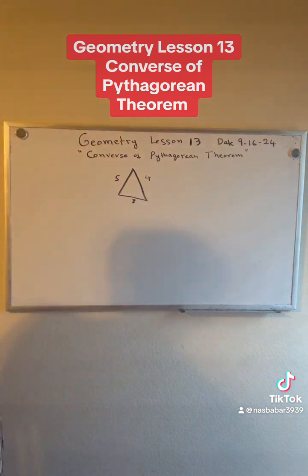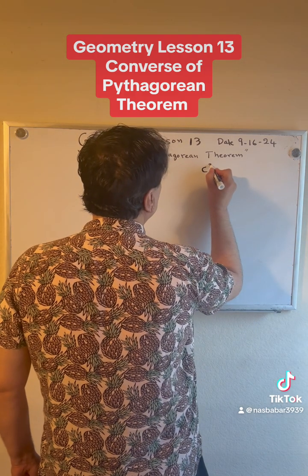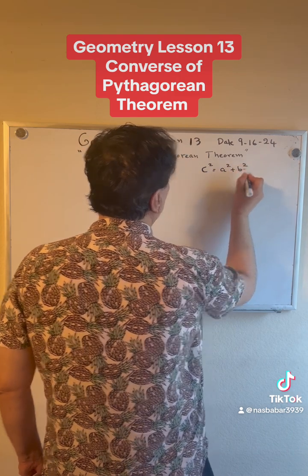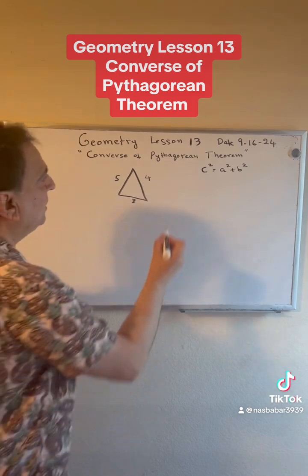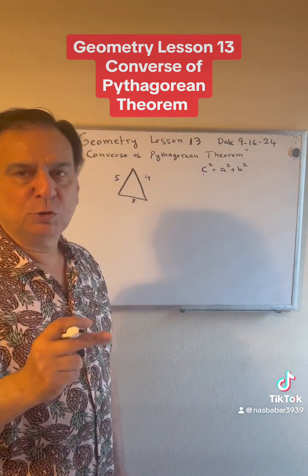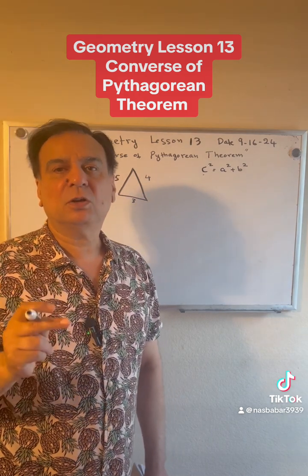Can you tell me if this is a right angle triangle? Well, I just gave you the formula: c square is equal to a square plus b square is the Pythagorean formula, and c is the hypotenuse. And I also just told you that in a right angle triangle, the hypotenuse is the longer side.